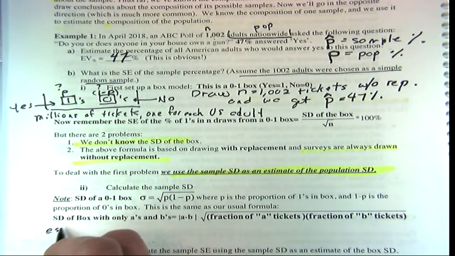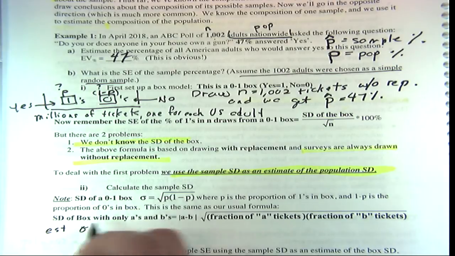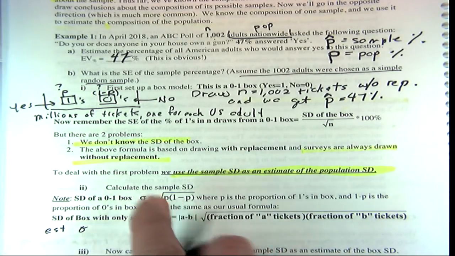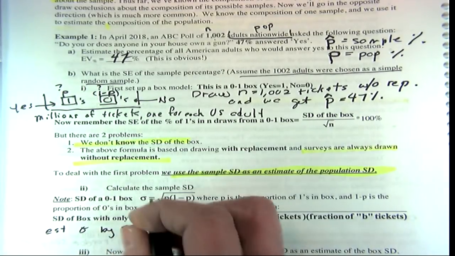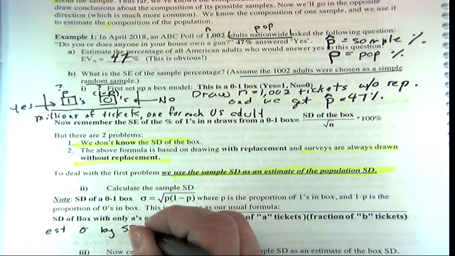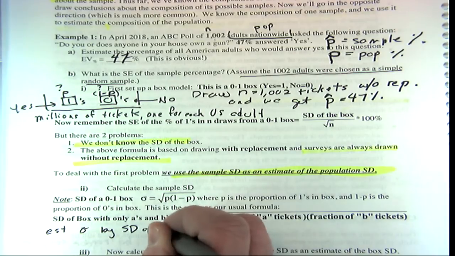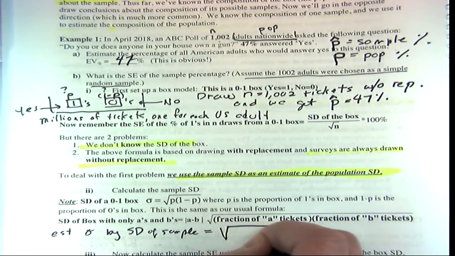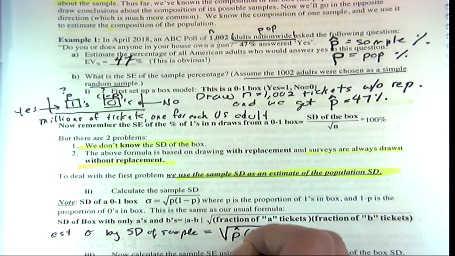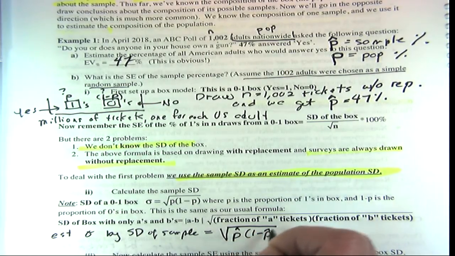We'll estimate sigma by the standard deviation of our sample percent, which is equal to what? The square root of p hat times 1 minus p hat.